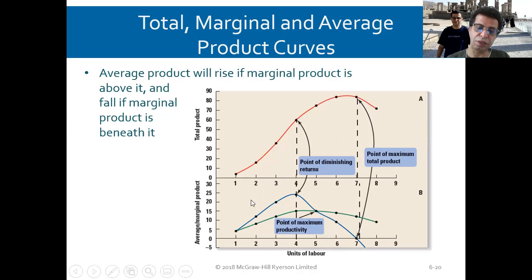In this case, for example, where the two graphs intersect is the point of maximum productivity. So we have the point of maximum productivity, which is the point of diminishing returns. There we start having less productivity, not diminishing in number of units, but the same average person is producing less.